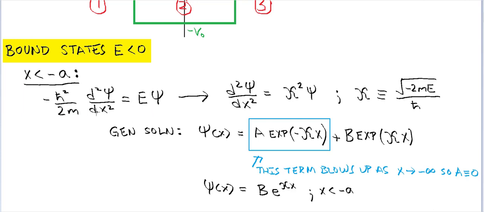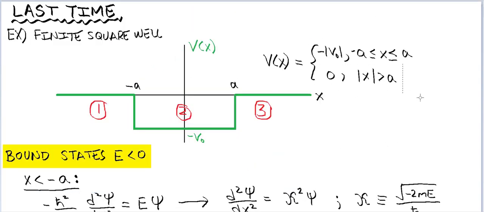In region 1, where we started, in the time-independent Schrodinger equation, V goes to 0, right? That's what we said here.